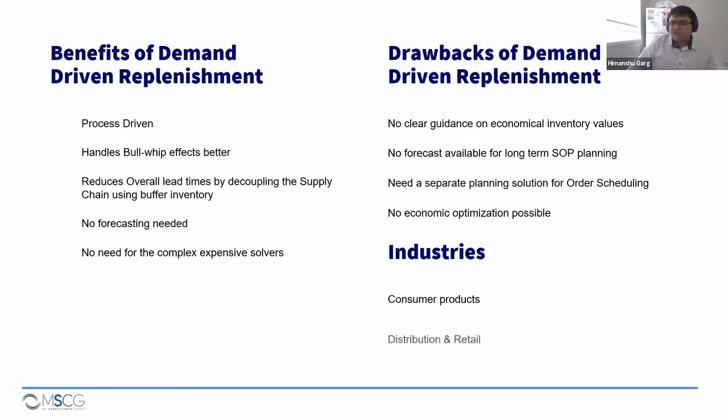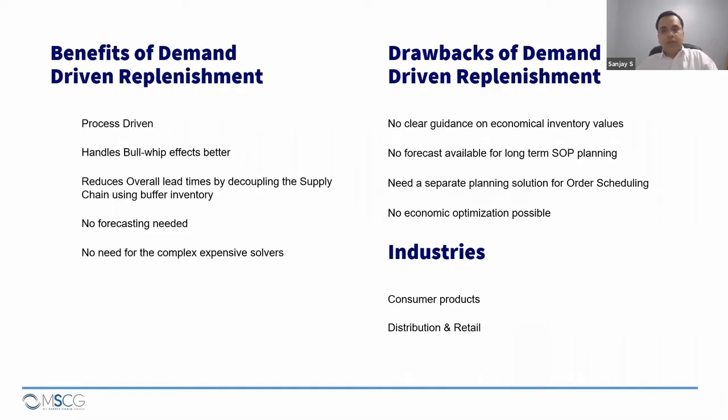Then the second industry that we can think of is distribution and retail. Again, shelf space is managed in this industry, and a lot of turnover is there. So you need to have stocks at different levels in the supply chain to manage it.